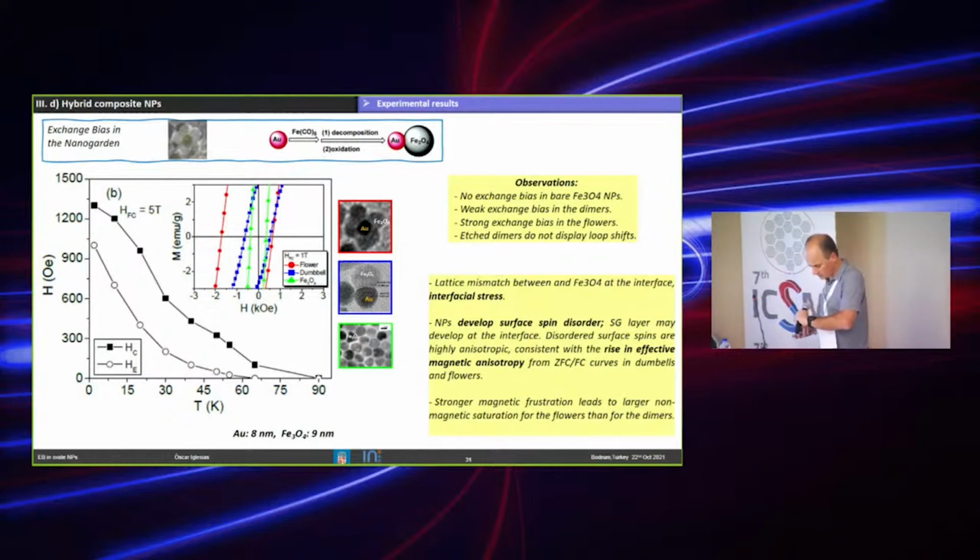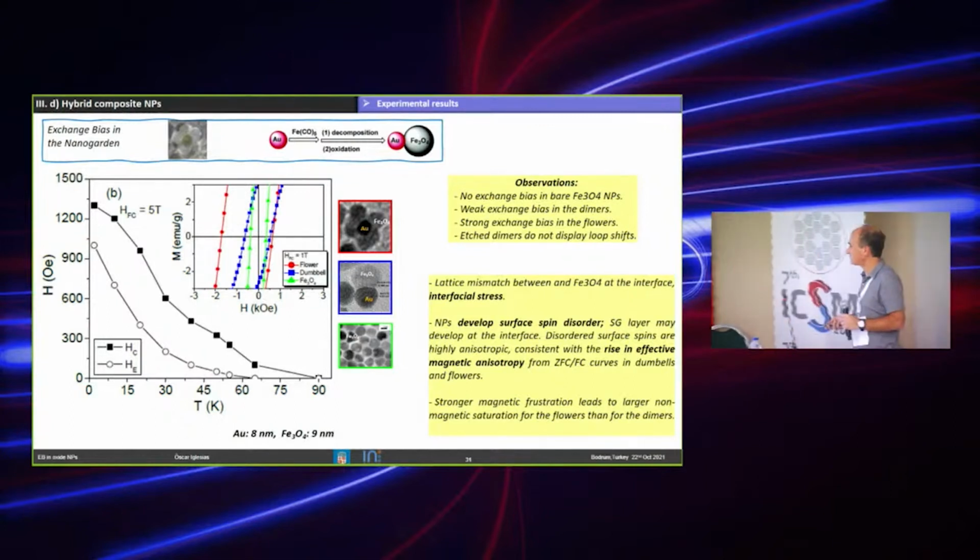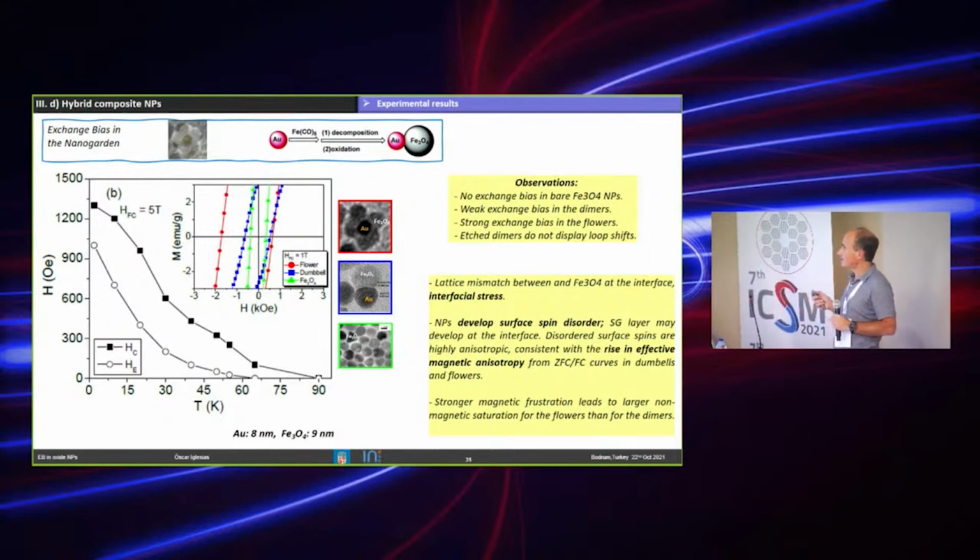And last example, since I'm short of time, I just want to show you that exchange bias may appear when a magnetic particle is coupled to a non-magnetic phase. Like here, we could study what happens when we nucleate on top of gold, for example, nanoparticles of different sizes.